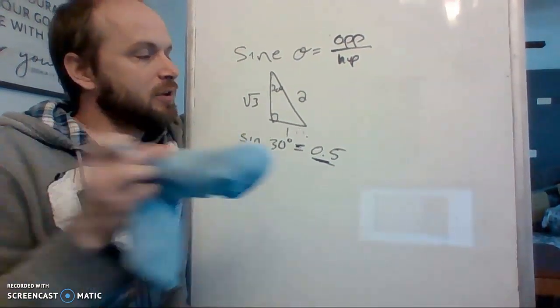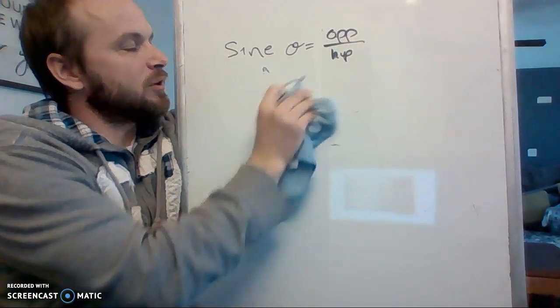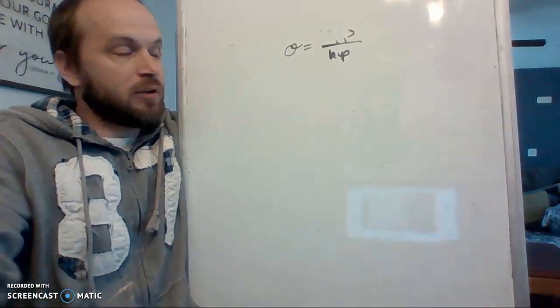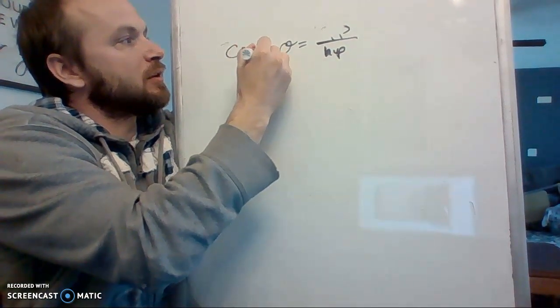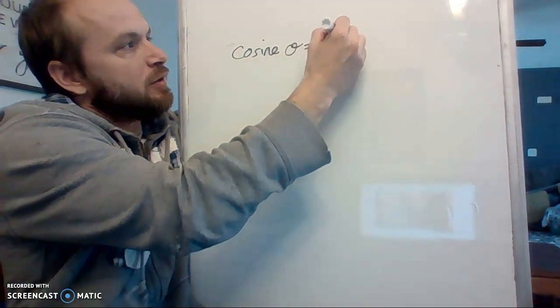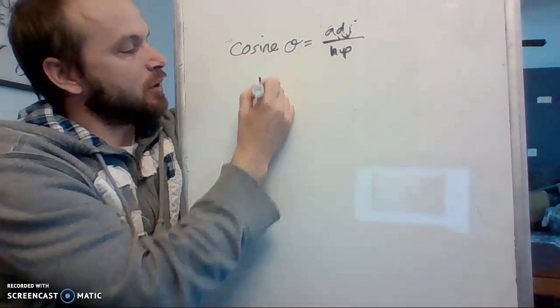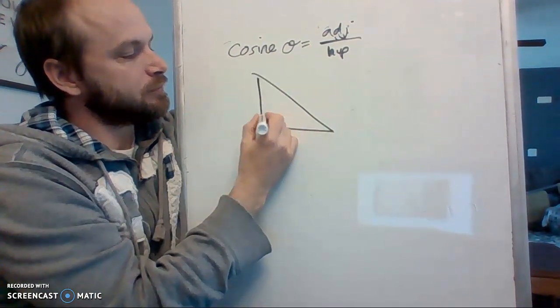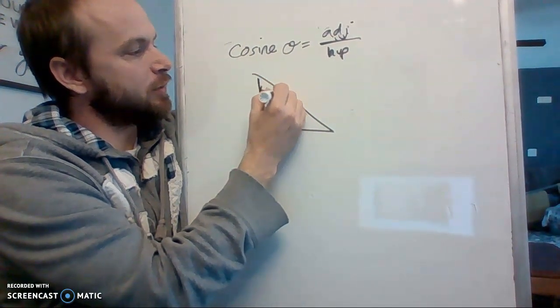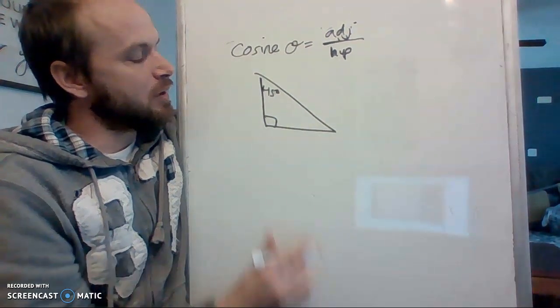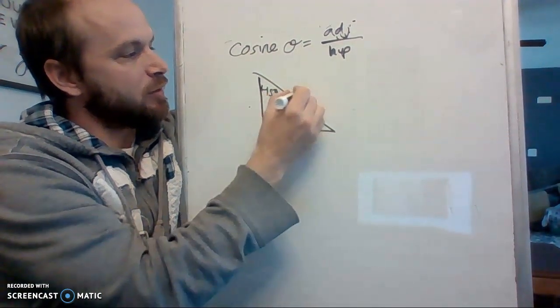You can do that for any of the trigonometric ratios, including cosine, which I defined as adjacent over hypotenuse. So if we had a triangle that looked like this, and let's say this is 45 degrees, and I wanted to take the cosine of that angle, it would be the adjacent side over the hypotenuse.